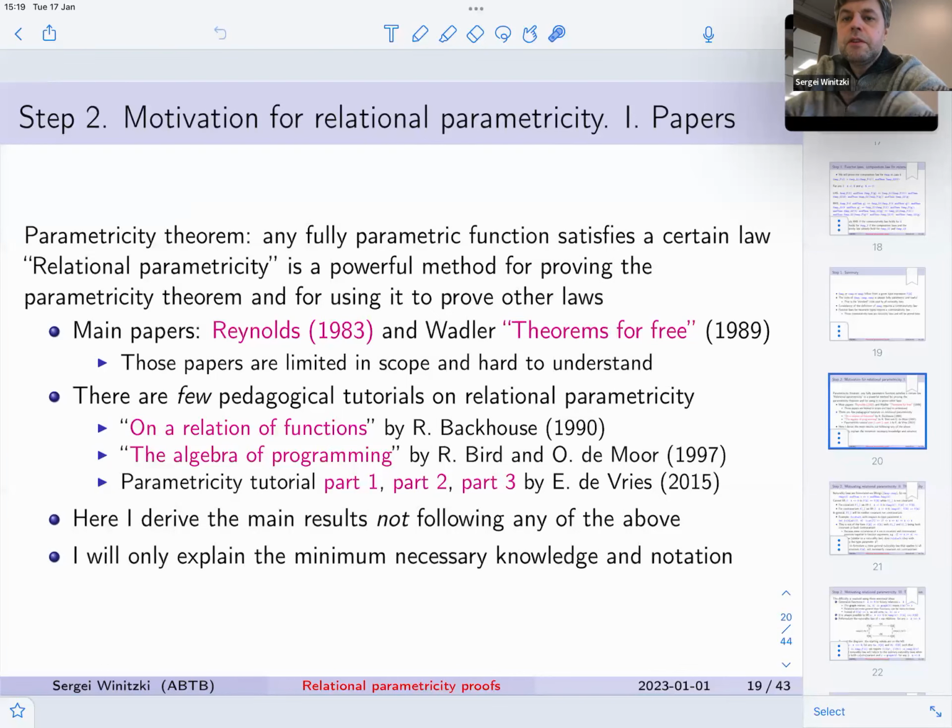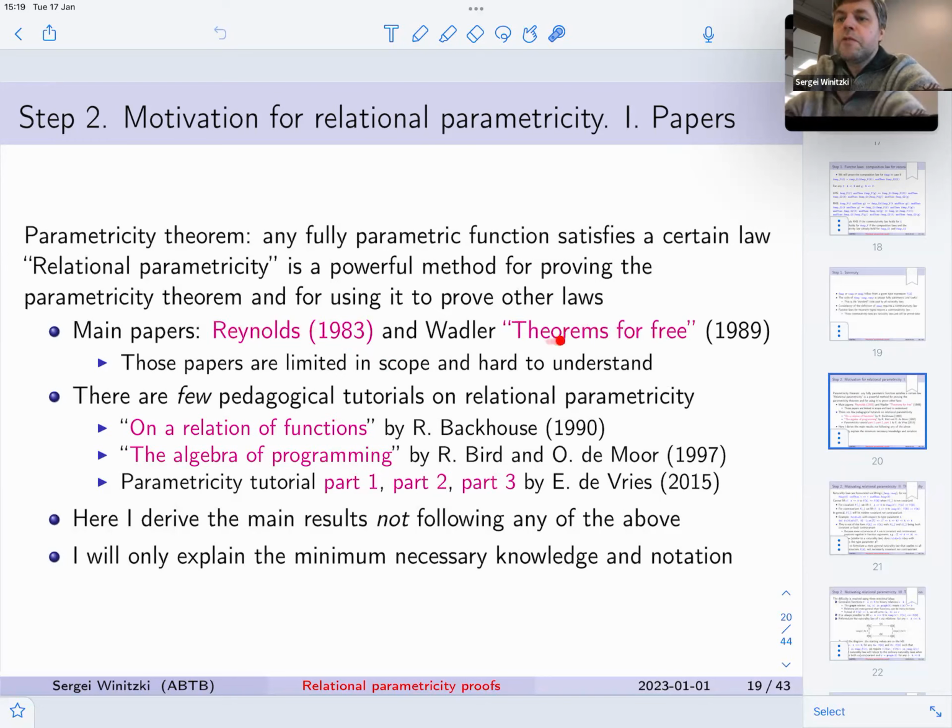The main references in this area are Reynolds's and Wadler's papers. The paper of Reynolds, you can see the links if you get the slides, was very difficult to understand. I couldn't really understand most of what's in that paper.